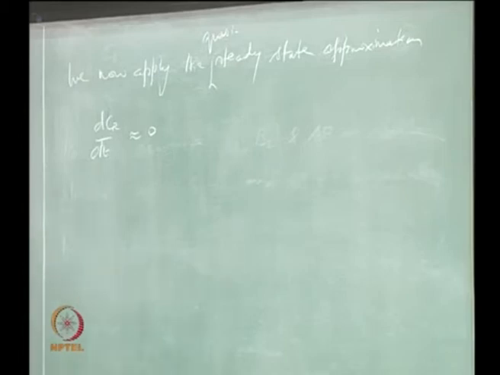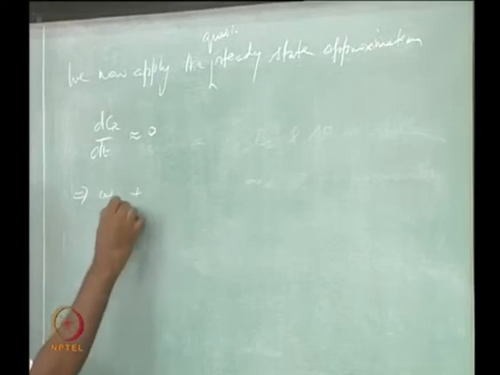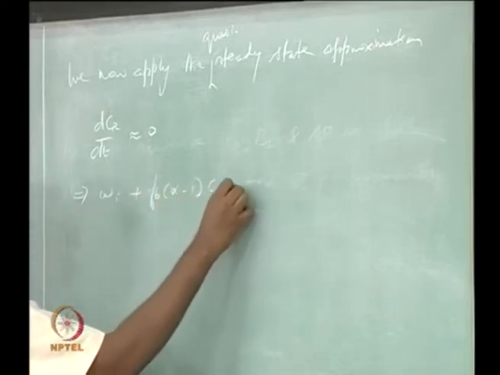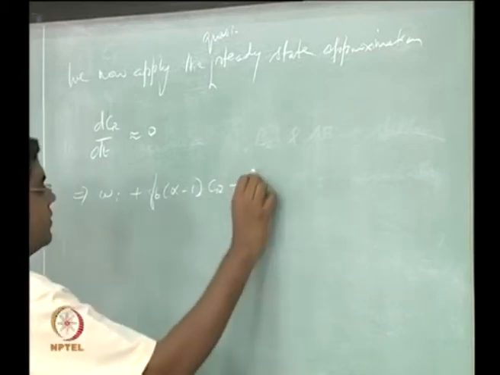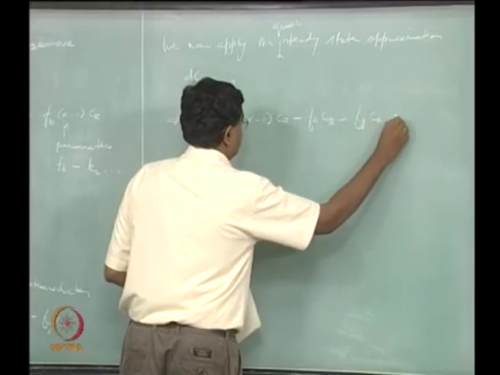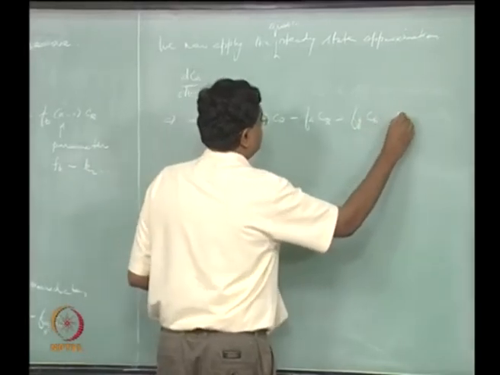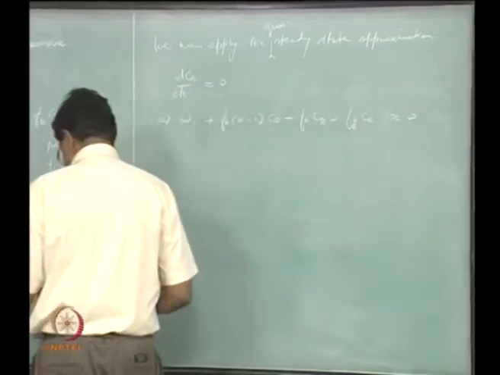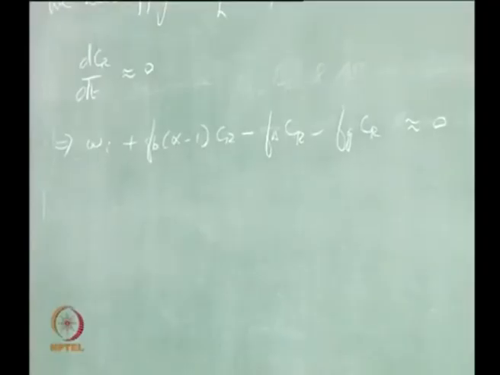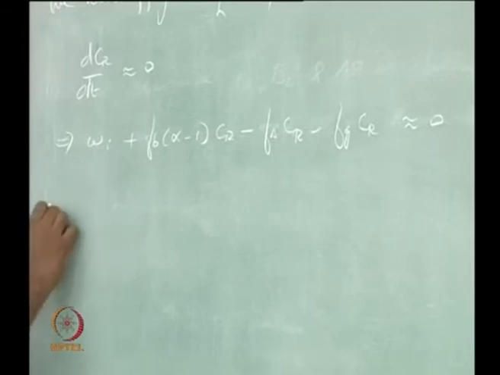So this implies we now say that omega I plus Fb (alpha minus 1) Cr minus Fs Cr minus Fg Cr is approximately equal to 0, from which we can try to find out the concentration of the intermediate.